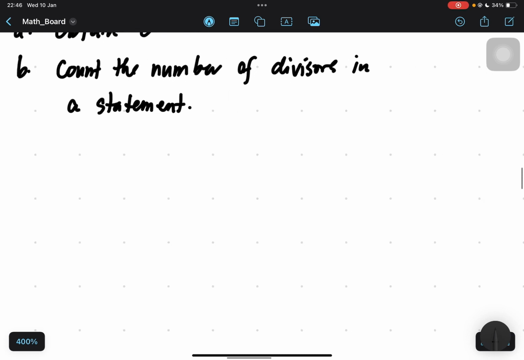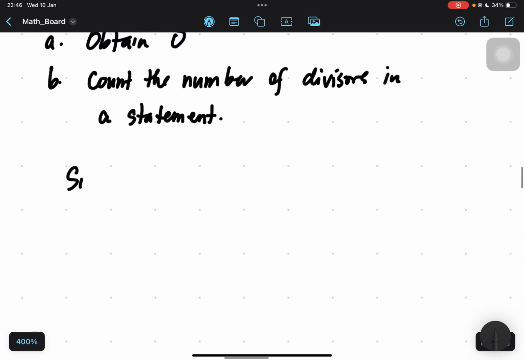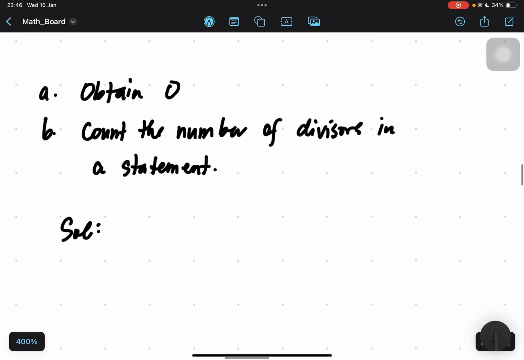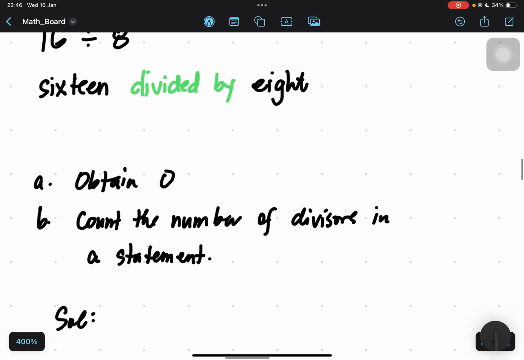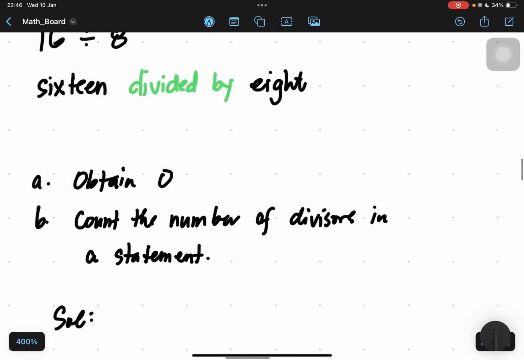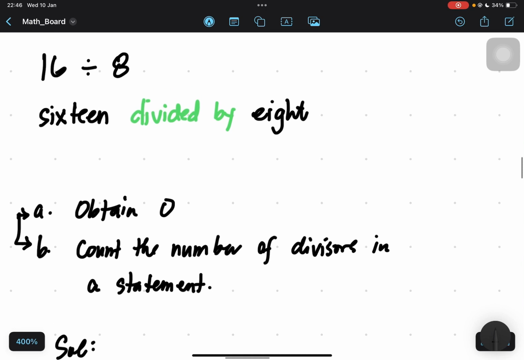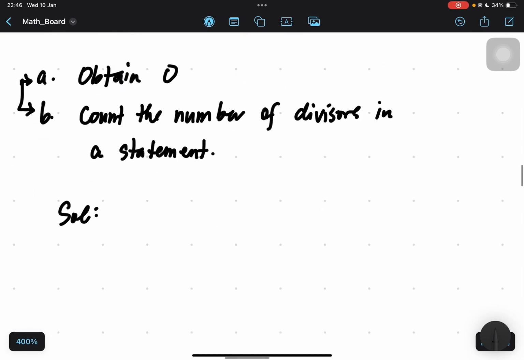Okay, so here is the solution of the expression. When we find the quotient of 16 divided by 8, we must know these two rules, since they will help you obtain the value of your quotient.